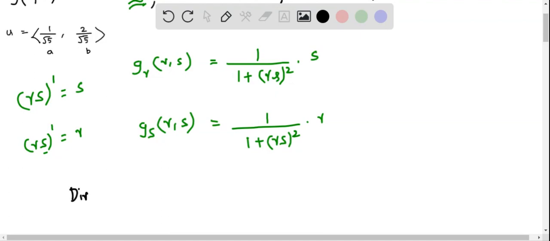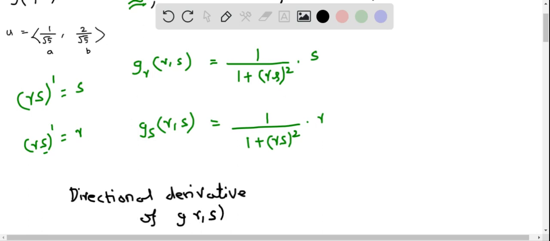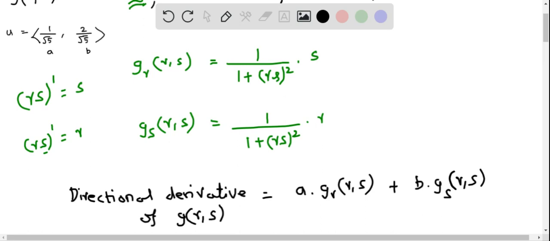It equals a times the partial derivative g sub r plus b times the partial derivative of g with respect to s. Let's substitute a and b as well as the partial derivatives.